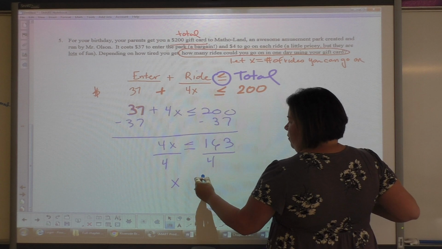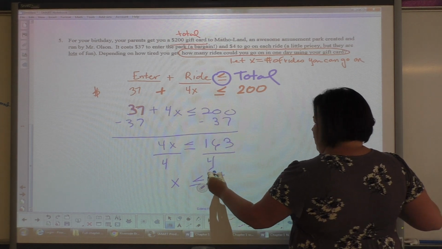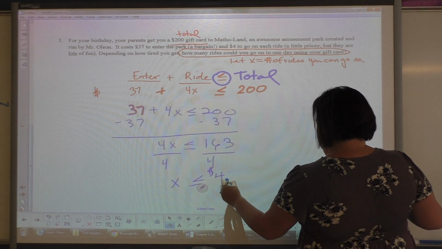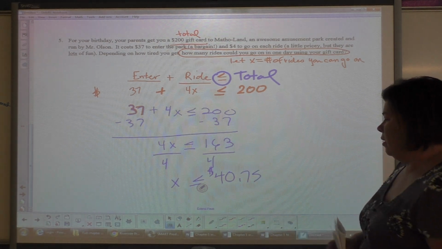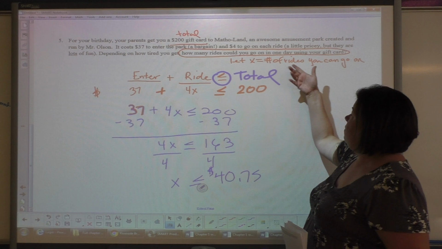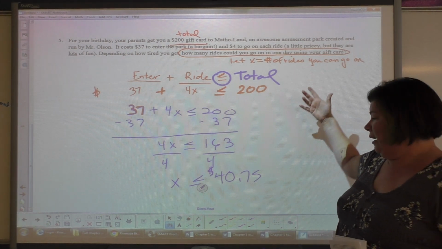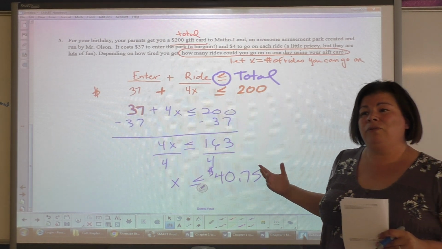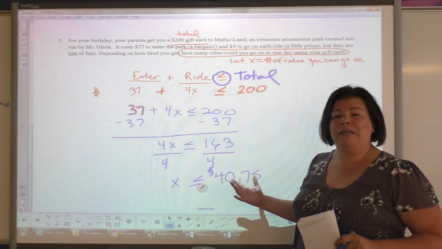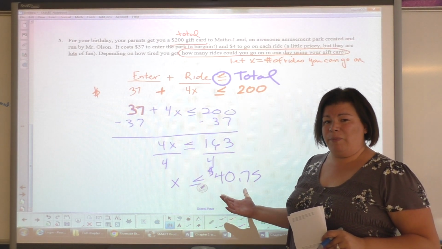And if I divide both sides by 4, I am going to get 40.75. Now, if x is the number of rides you can go on, you can't ride 40.75 rides, so we have to make sure that our answer seems logical in the context of our problem.